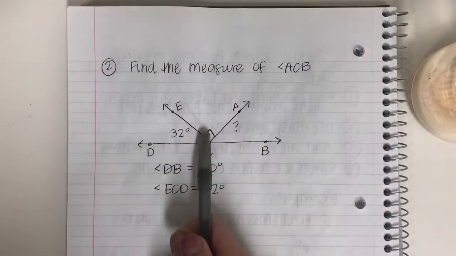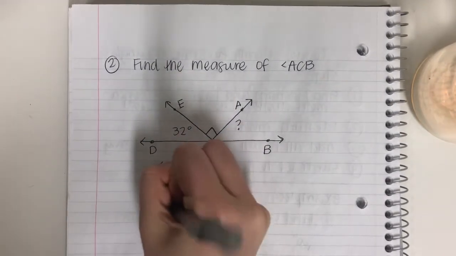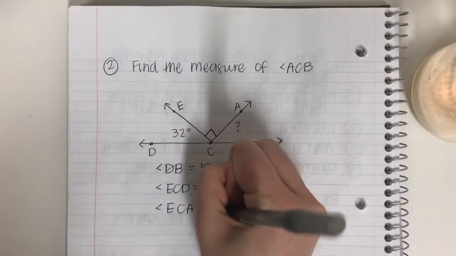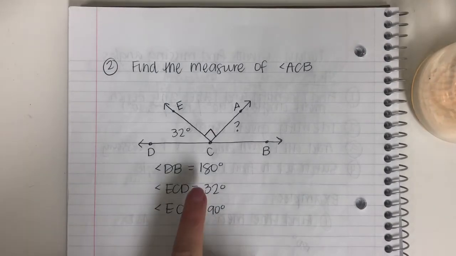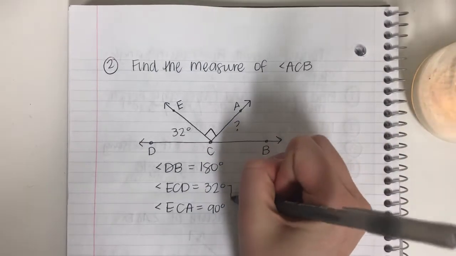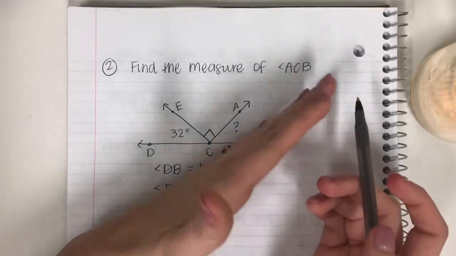And because of that box, I know that's a benchmark angle, so I know that ECA is 90 degrees. So the first thing I have to do before I subtract from the 180 is add up the two given angles. I need to add those up first to figure out all of this space.